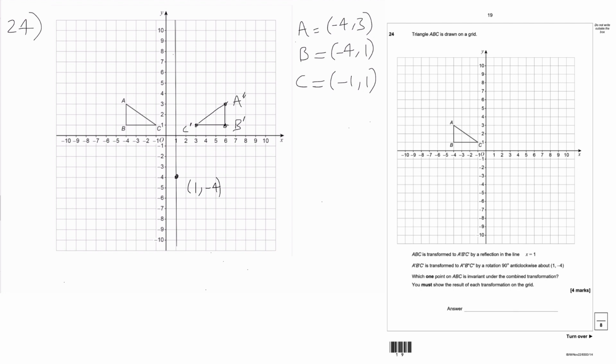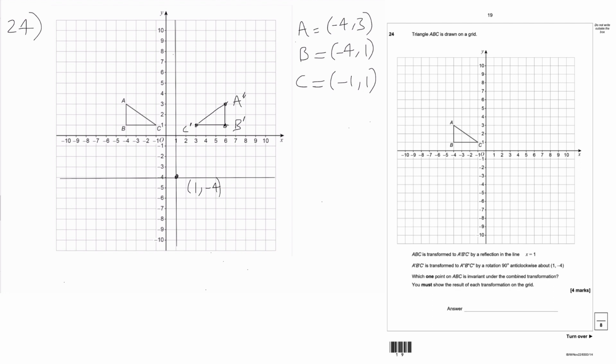And the way we're going to perform this rotation is we want to create a new set of axes with this point as our origin. So let me just redraw this. We can almost pretend like this is a new graph.